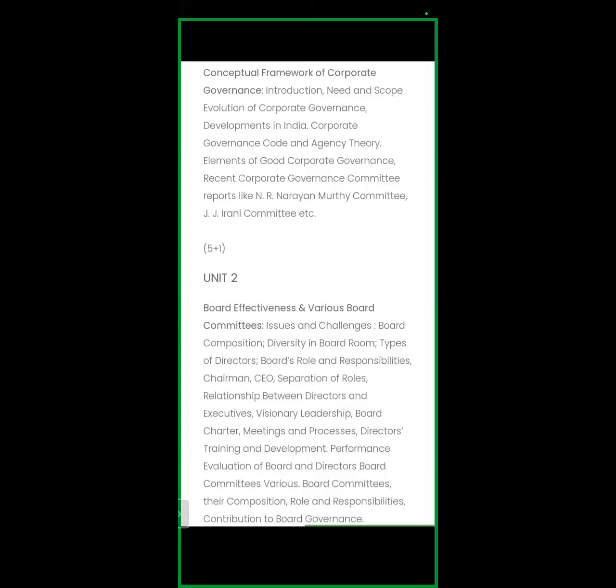Now, here, when we will be discussing different terminologies or different concepts under corporate governance, we will be concentrating only on the Companies Act 2013, which regulates the governance of the company. That we are going to discuss in the coming sessions.